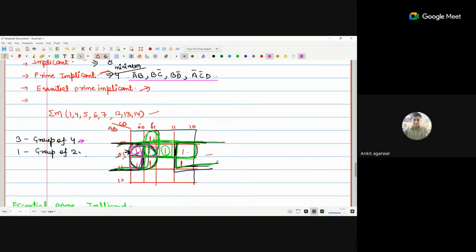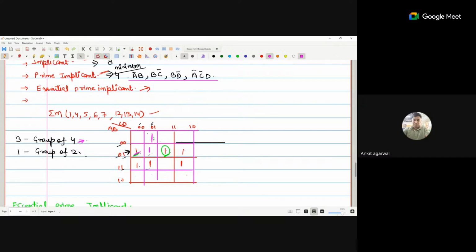Yes, sir. Now we check with the first group. What is A bar B? Yeah, this one.